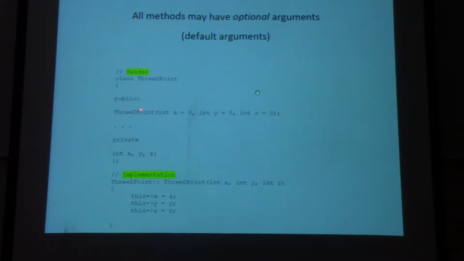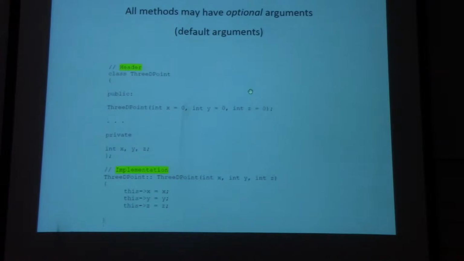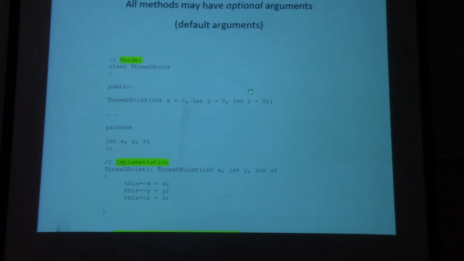And inside the declaration I have int x equals 0, int y equals 0, int z equals 0. Actually, as you recall, I don't even have to have the formal name here. I could just have int equals 0, int equals 0, int equals 0. What it means is that these parameters, if they're not supplied, will automatically be initialized to 0.